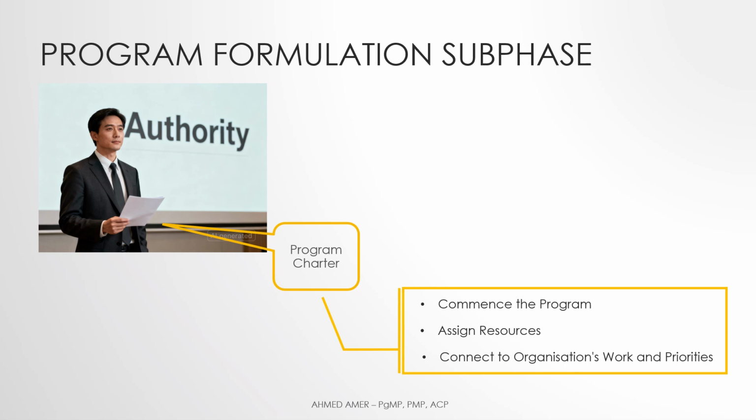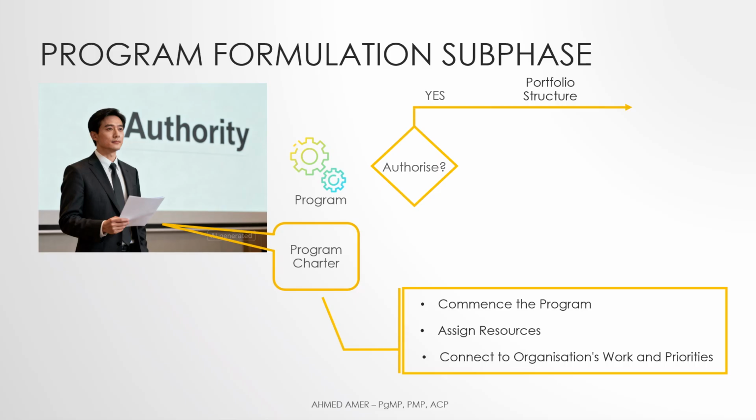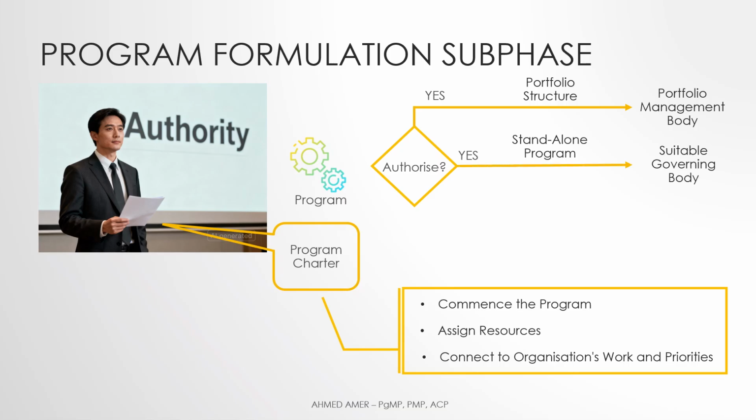The program charter serves as the primary document to decide if the program will be authorized. If the program falls under a portfolio structure, then it should be reviewed by the portfolio management body. However, if this was a standalone program, then the program charter will be reviewed by a suitable governing body.